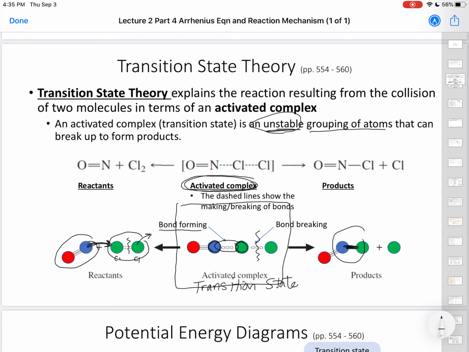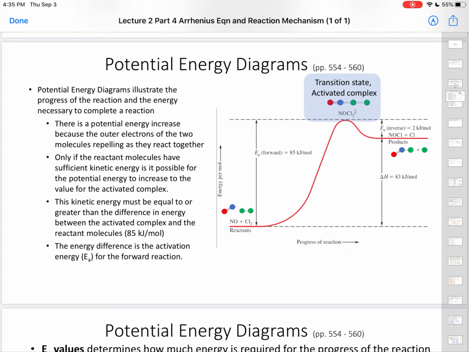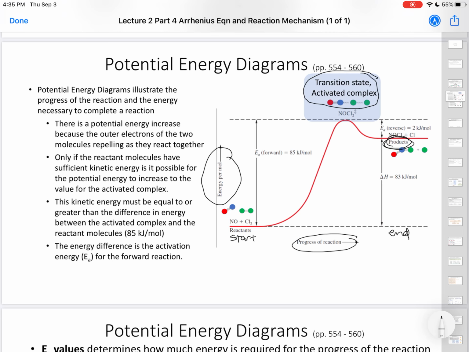Now, we're going to plot the reactants, products, and the transition state on a potential energy diagram, wherein on the y-axis we have the energy per mole, and on the x-axis we have the progress of the reaction. As you know, when things progress, you have a start where the reactants are, and you progress until you get to the end of the reaction, where the products are. In the middle, you have something called the transition state, or the activated complex.